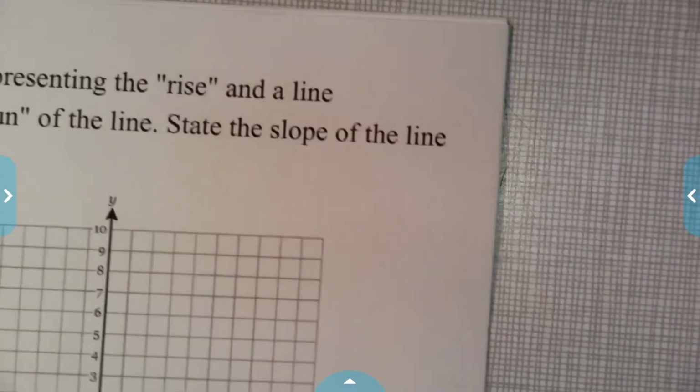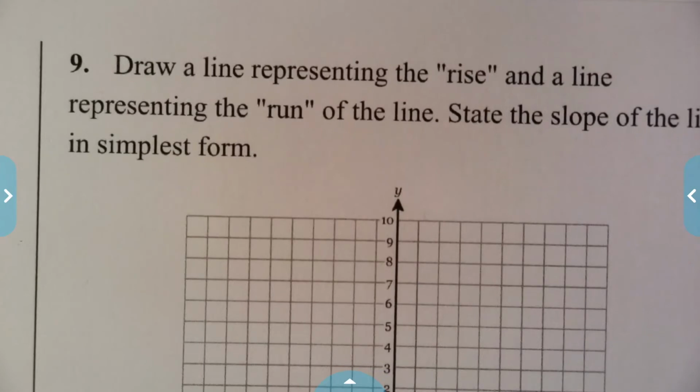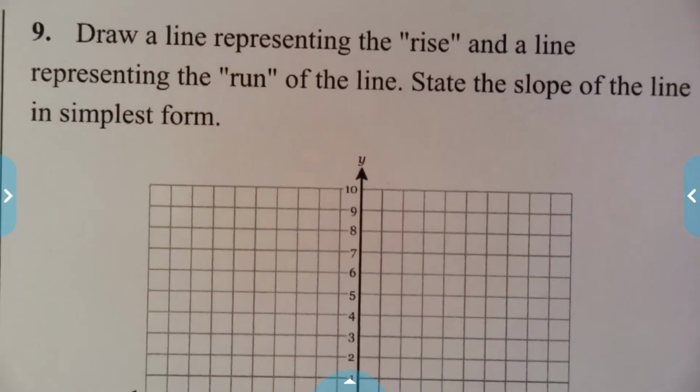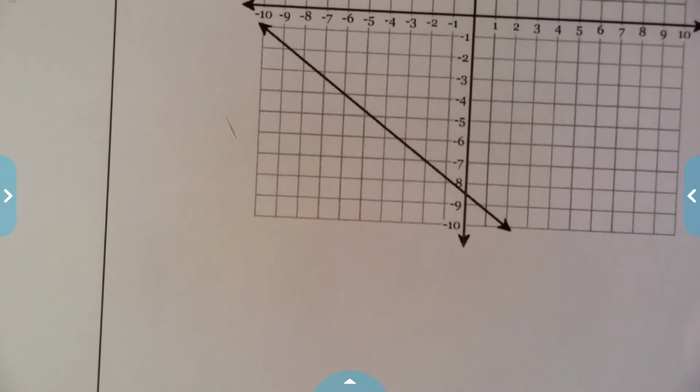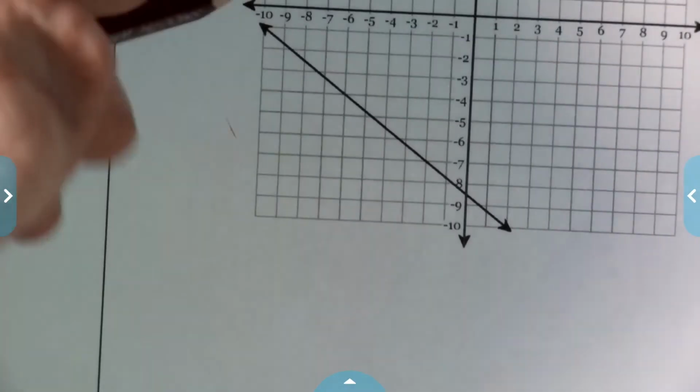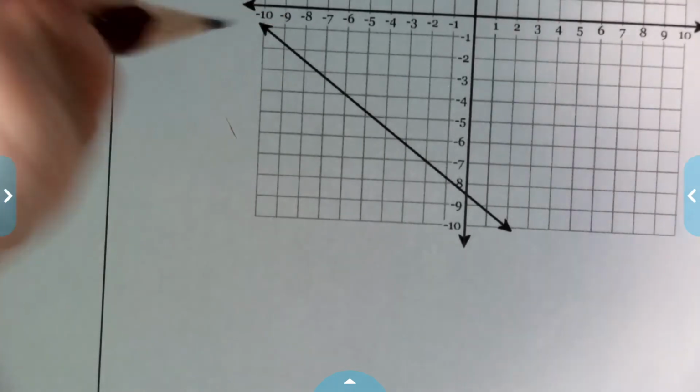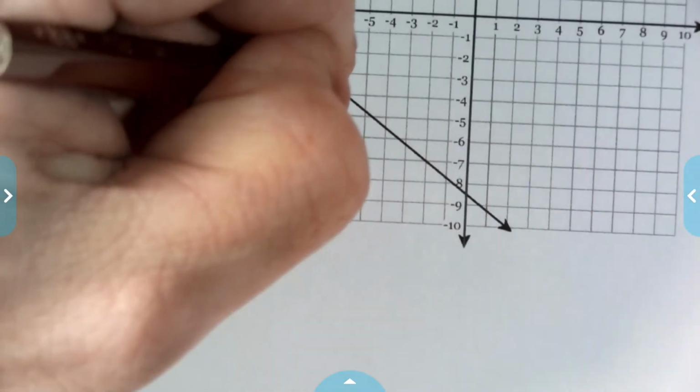And now we're moving on to number 9. Draw a line representing the rise and a line representing the run. State the slope of the line in the simplest form. Okay, so they just want us to find a couple of lattice points. Here's one.